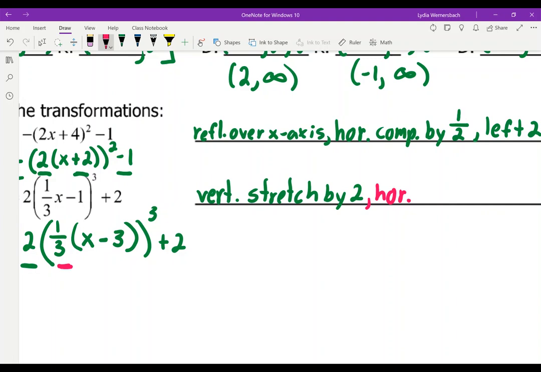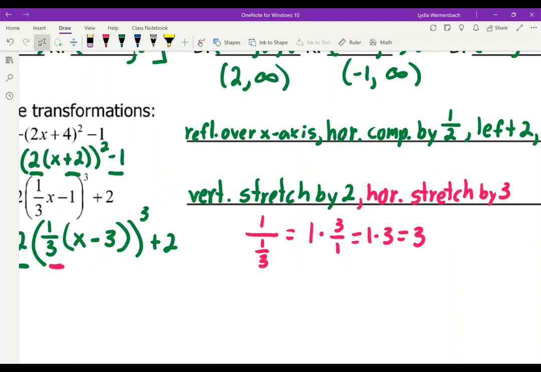It's the opposite of what we think. So it's actually a horizontal stretch. And it's going to be a horizontal stretch by 1 over 1/3. So we got to look at that for a second. So 1 over 1/3. When we think about fractions, we would multiply by the reciprocal, right? We would do 1 times 3 over 1, which is really just 1 times 3. So our horizontal stretch is going to be just by 3.